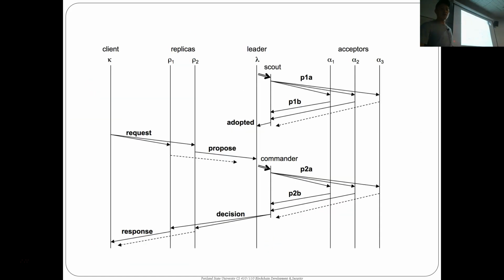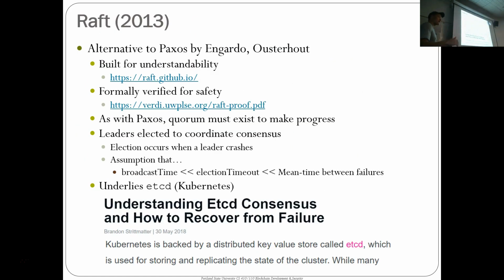The motivation of Raft was to make a system that implemented what Paxos implemented, but was actually understandable. This is the paper from 2013, and you can get it from their GitHub. It's been formally verified for safety, just like Paxos is safe. And just like Paxos, a quorum has to exist to make progress. The mechanism is similar to Paxos: you have a set of leaders that get elected to coordinate the consensus.